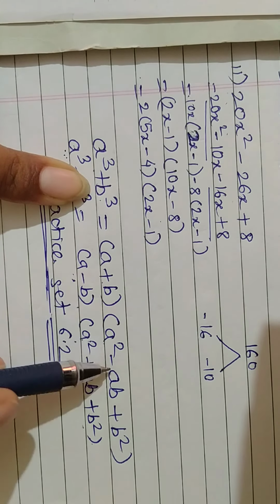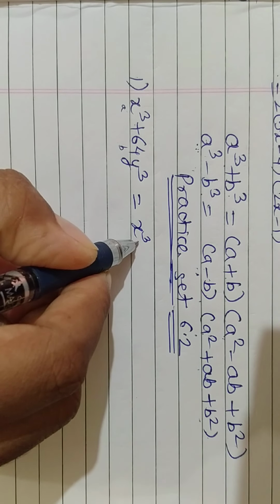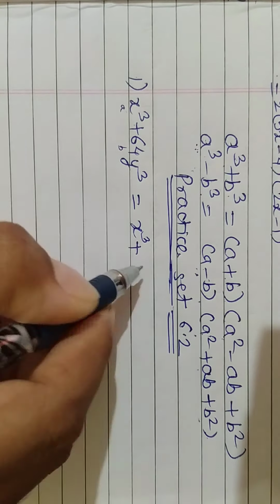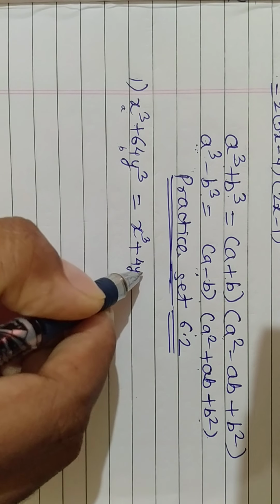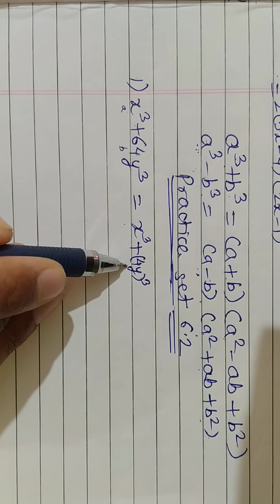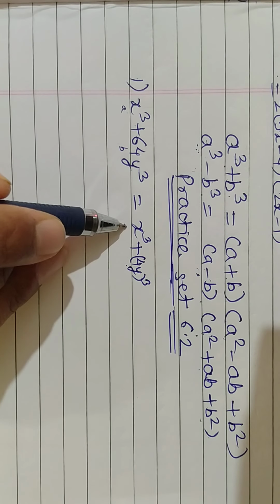Now see here, a cube means x cube and b cube means 64 is the cube of 4, so 4y cube. Now here 4y is b and x is a.